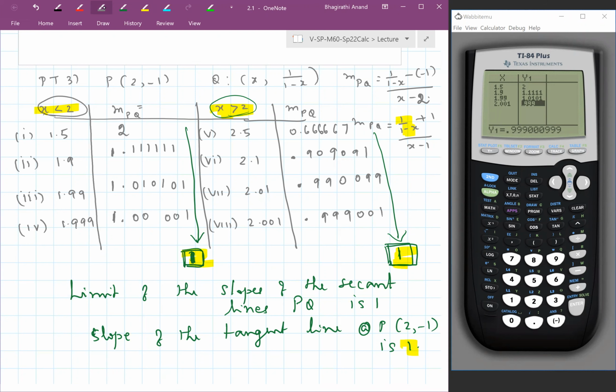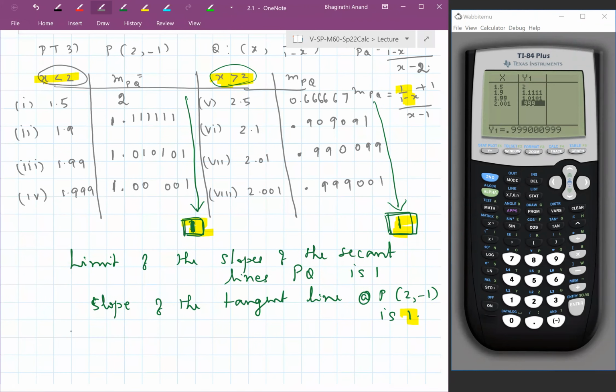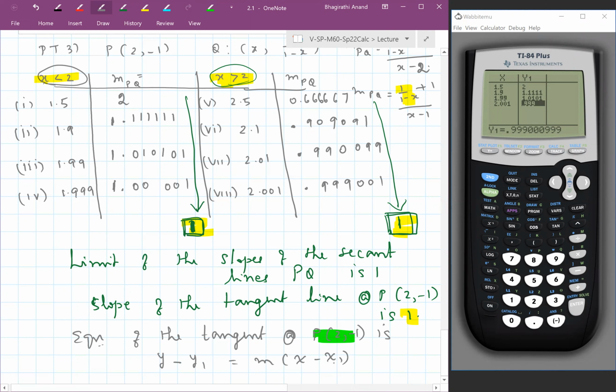So the equation of the tangent at (2, -1) is, we have the point and we have the slope. So we can write down the equation of the tangent line. y minus y1 equal to m times x minus x1.